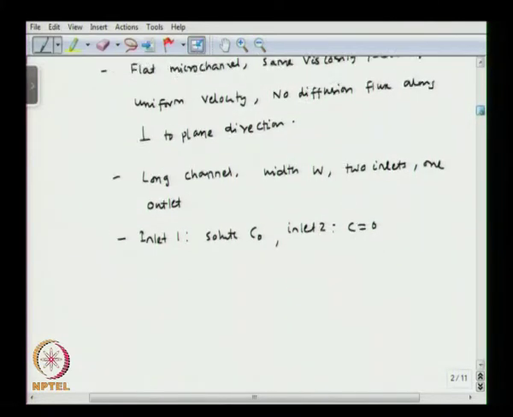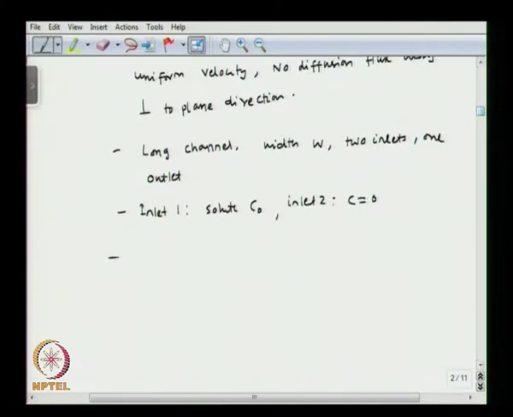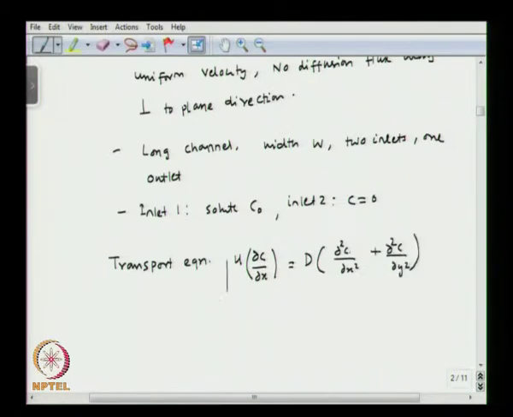So, we can write down the transport equation, which is U del C over del X will be D into del square C over del X square plus del square C over del Y square, right.